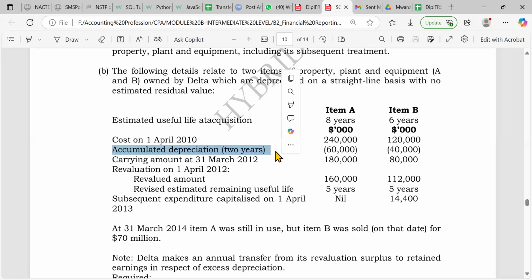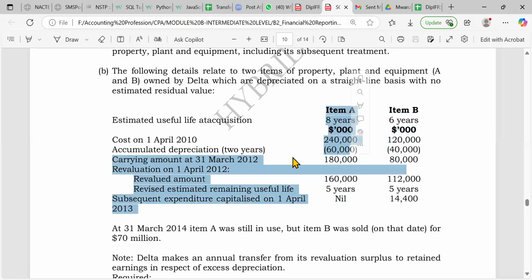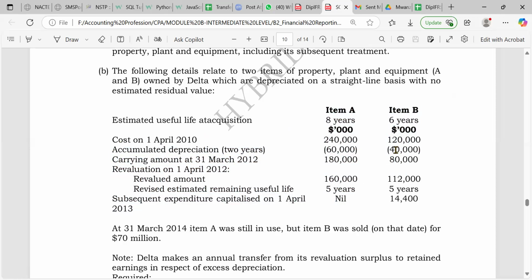So something already took place. We even have the carrying amount at 31st March 2012. We already have it with us. So what we deal with is just the current year, which is 1st April 2012 to 31st March 2013. What we need to do is take this amount and depreciate it as usual, and then proceed.